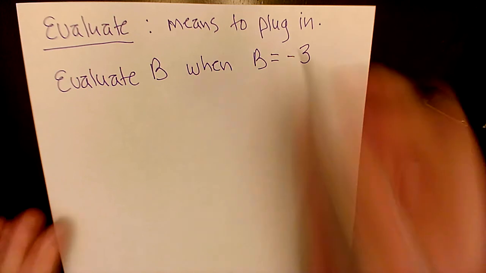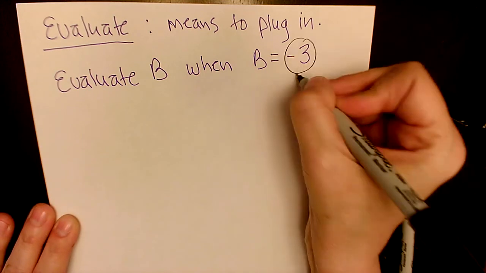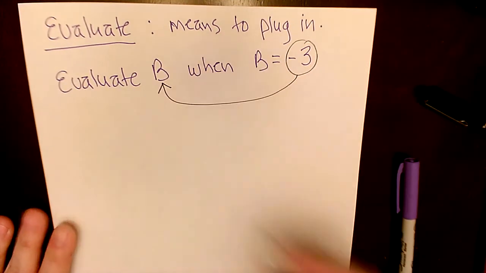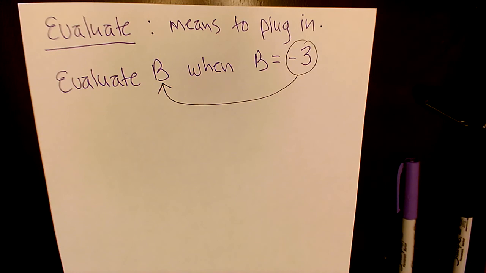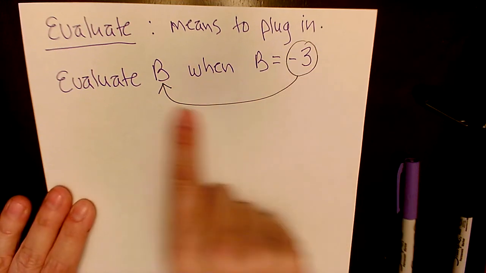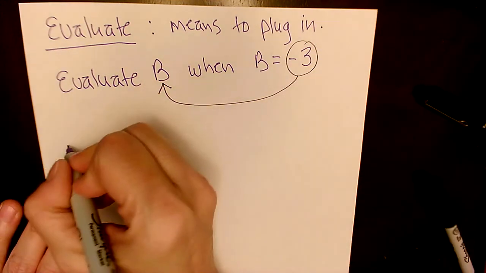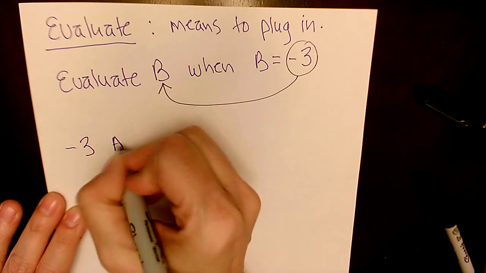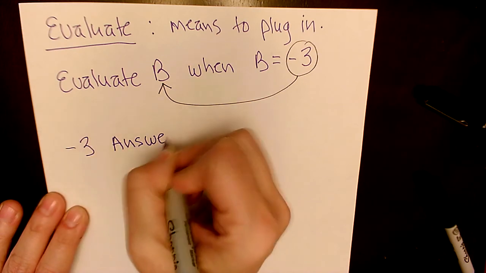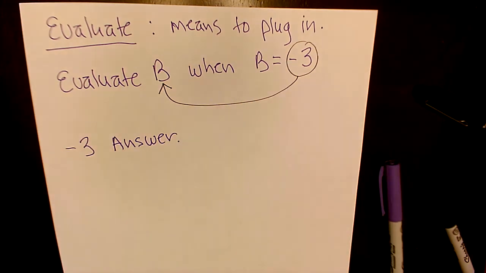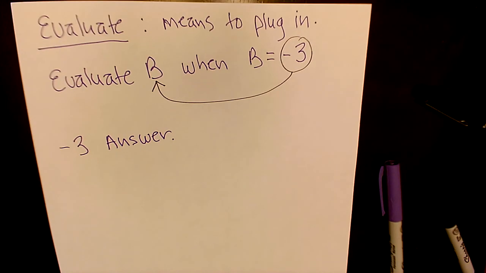So all we're going to do is take this -3 and plug it in for B. So when we take that -3 and plug it in for B, it's just going to be -3. So my answer is -3.